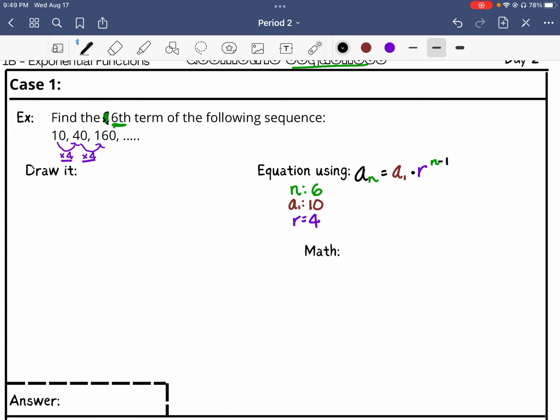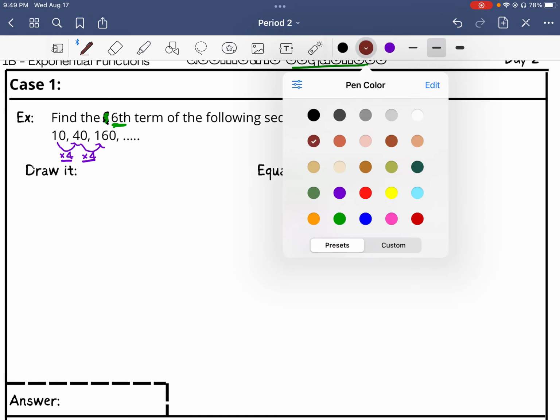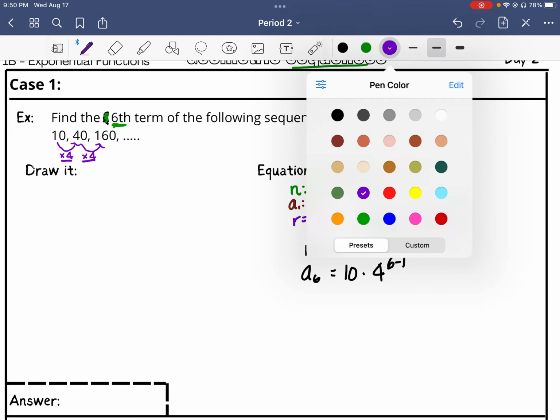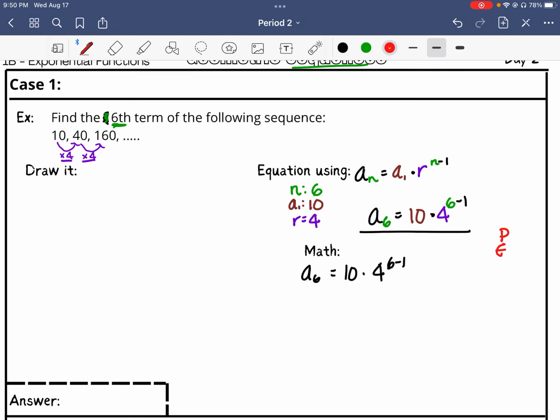So let's fill out our new equation. a_6 equals 10 times 4 to the 6 minus 1. This is the equation we're using. Let's remember our order of operations, PEMDAS.